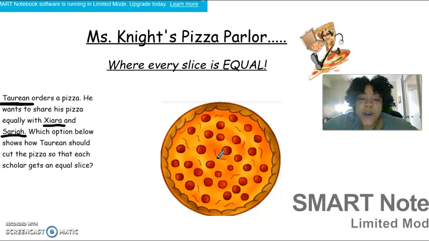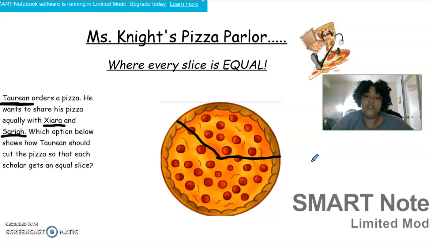So what I need to do to partition this pizza into thirds is to make sort of a Y shape. So starting right here in the middle, I'm going to draw a line diagonally up to about right here on my pizza. Okay, then I'll go back to the middle and I'm going to draw another diagonal line going about right here on the pizza.